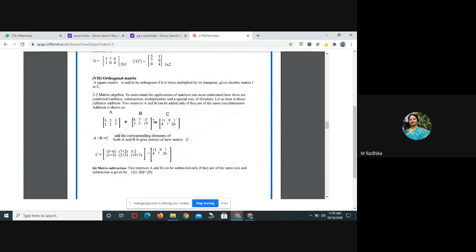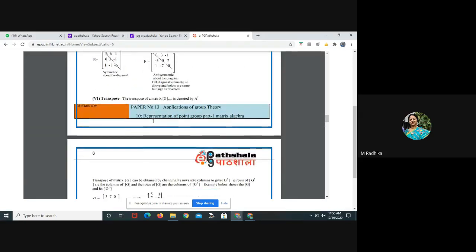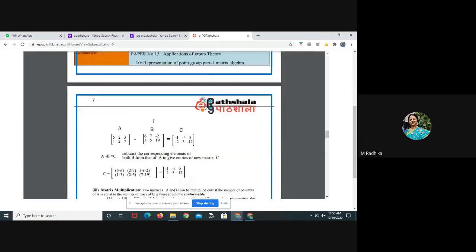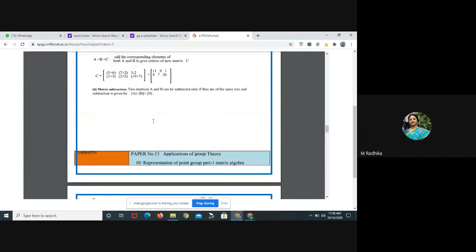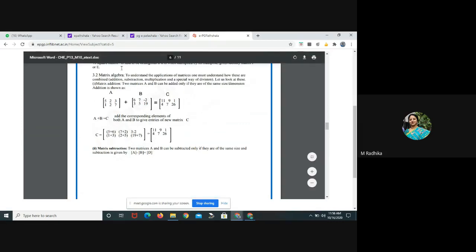So what is it that I can do? I can do an addition, I can do a subtraction. When we do addition, in matrix algebra you should know, suppose I have a matrix A and then I have one more matrix B. Here it is 3 in the row and 2 elements in each column, right?